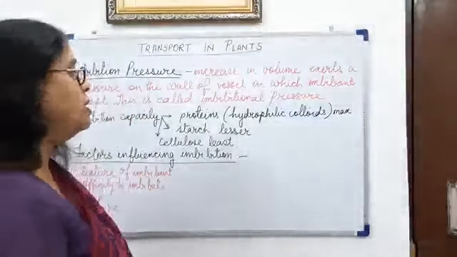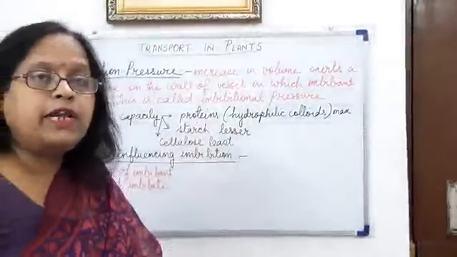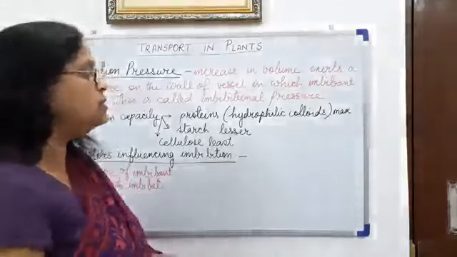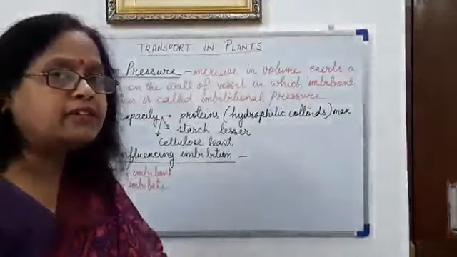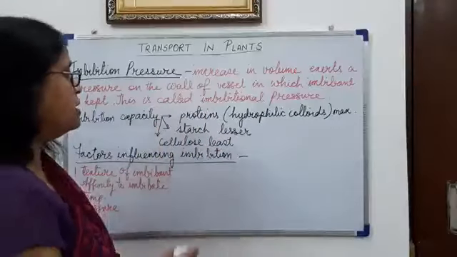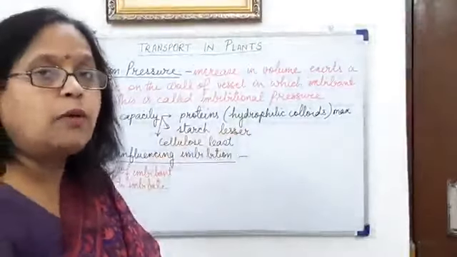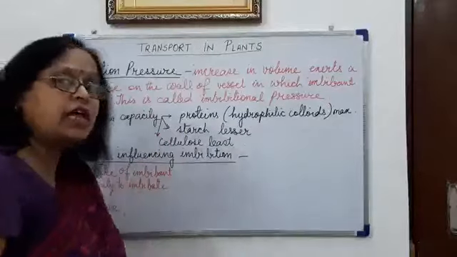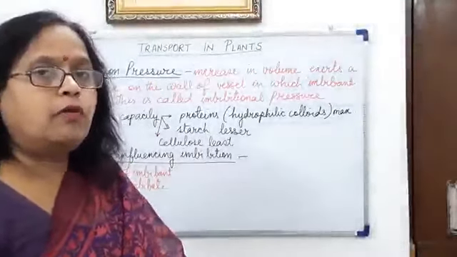For example, proteins are hydrophilic colloids, meaning they attract water towards themselves, so their imbibitional capacity will be maximum. Lesser than proteins is the capacity of starch to absorb water, and minimum is cellulose, which absorbs the least amount of water.